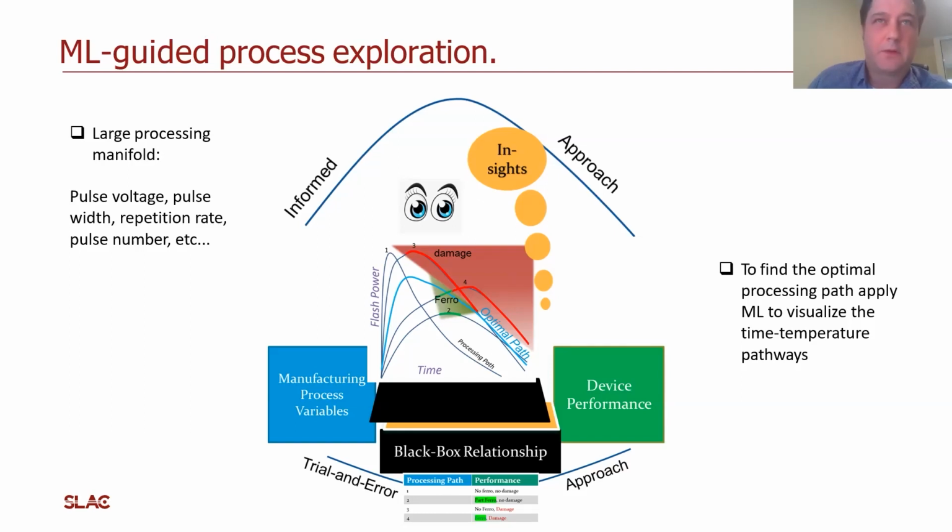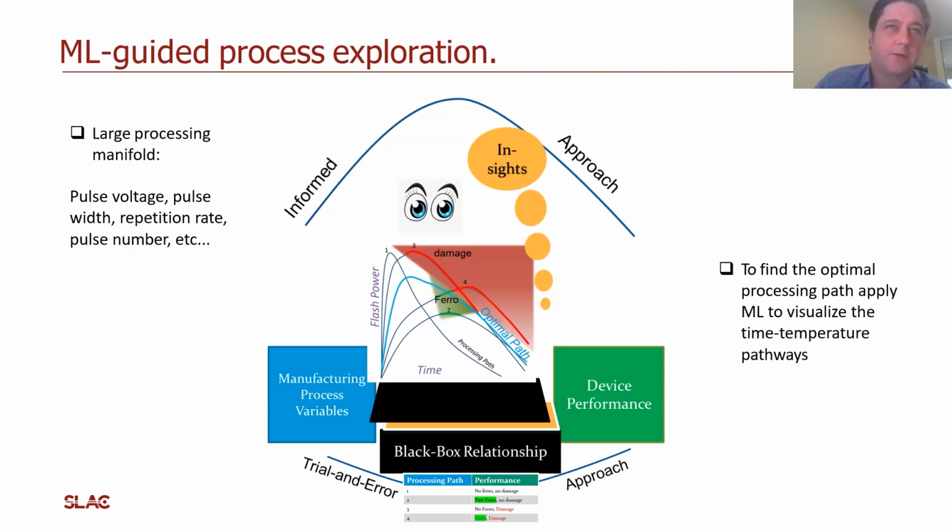Flash lamp annealing results in a large processing manifold, including flash parameters such as pulse voltage, pulse width, repetition rate, pulse number, and also our tool is able to have unique processing modes such as micropulsing. Traditional approaches to process optimization take a trial and error approach to finding the optimal process condition.